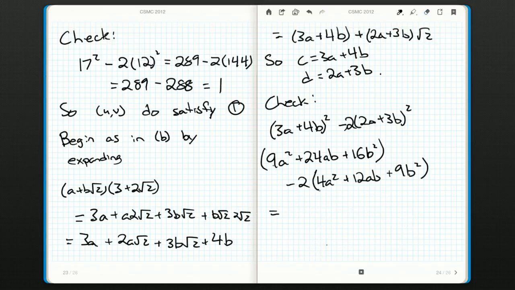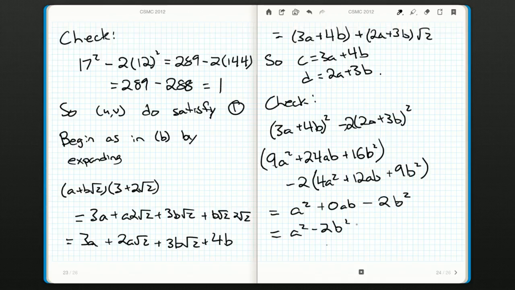So 9a squared minus 2 times 4a squared, so that's just going to be a squared. Minus 2 times 12, that's going to be plus 0ab, which we'll get rid of in a moment. 16b squared minus 2 times 9b squared, so that's going to be minus 2b squared.